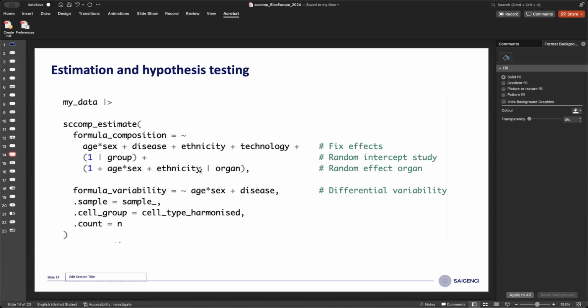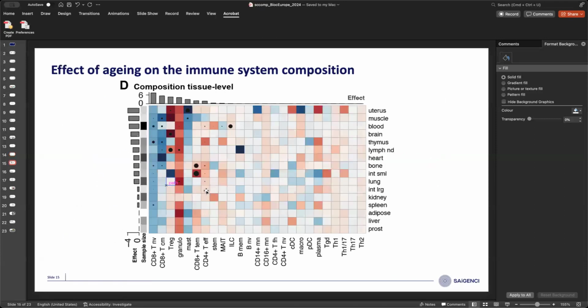The beauty is that we can ask the model what the effect on the body is and what the effect on the organ is, in a unique, quite self-consistent model. Also in our case, we model differential variability. We don't assume that as we age we have the same variability, the same homeostasis in a way, across cell types.